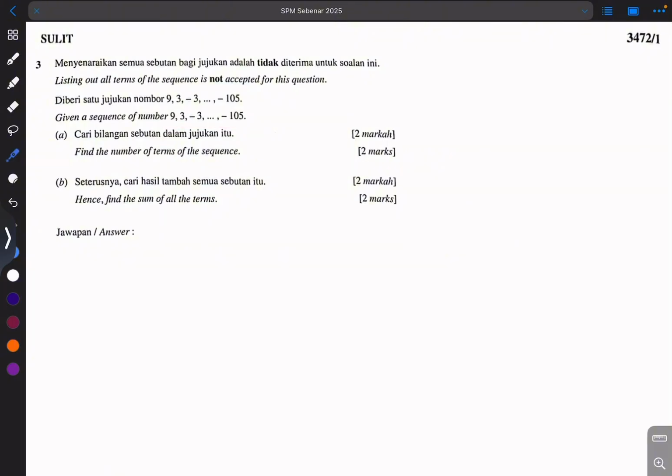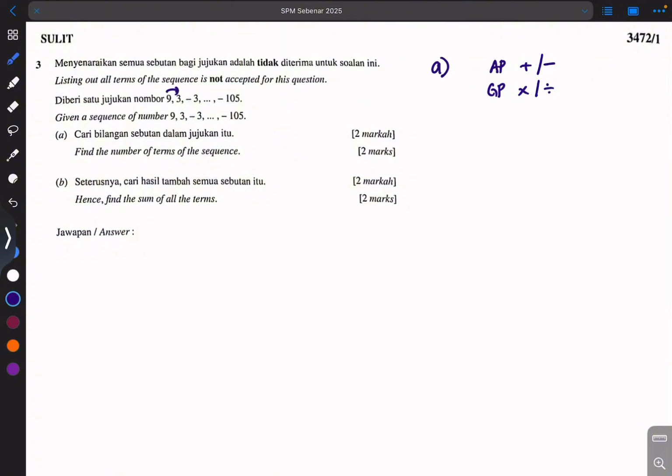So let's see, we have 9 becoming 3, so this is minus 6. 3 becoming negative 3, also minus 6. So this looks like an arithmetic progression. Remember, arithmetic progression means we will have plus or minus. Geometric progression will be times or divide.